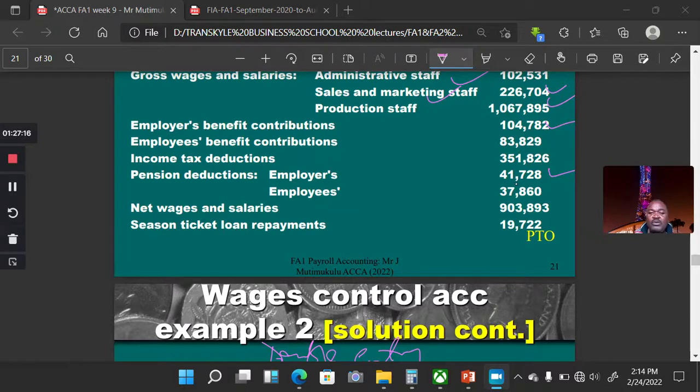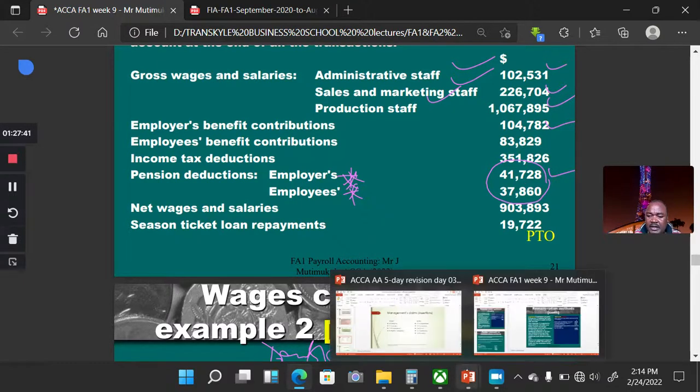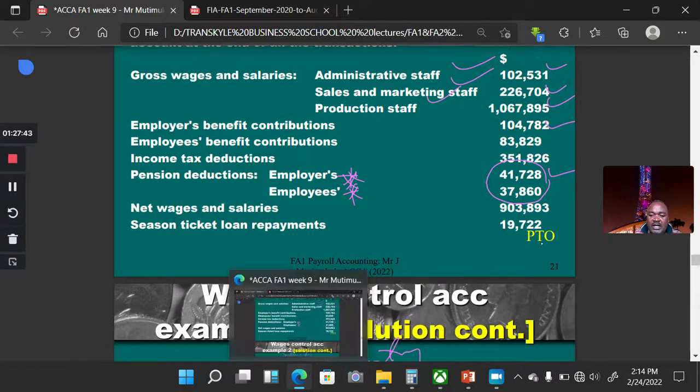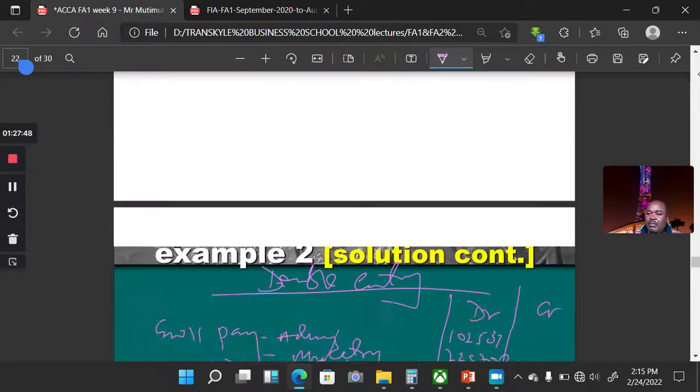The amount payable with regards to pension deductions goes from both the employer and the employee. So these amounts are both payable, so they have to be considered here in the wages control account. So we have to add them up. How much are they?